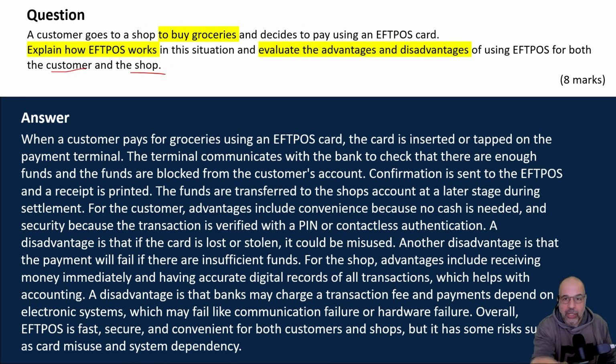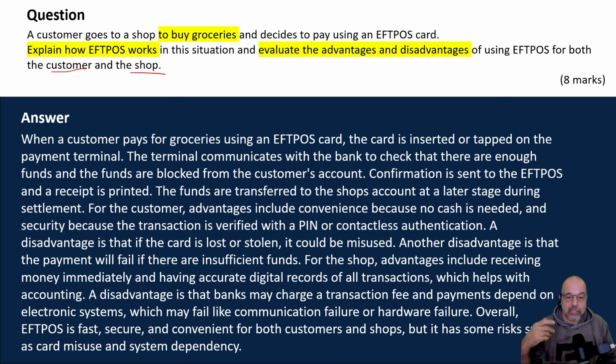That's the cashier, where you go and pay the cashier. The terminal communicates with the bank to check that there are enough funds and the funds are blocked from the customer's account. Confirmation is sent to the EFTPOS, in other words, the card reader, the NFC reader, whatever it is that you're using, the chip and pin, and a receipt is printed. The funds are transferred to the shop's account at a later stage during settlement.